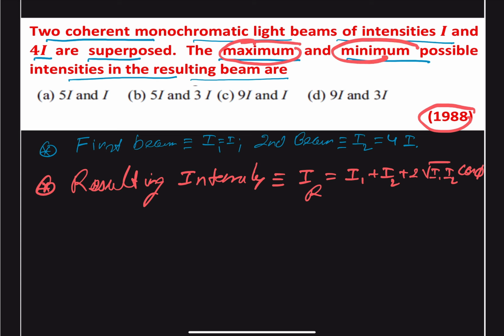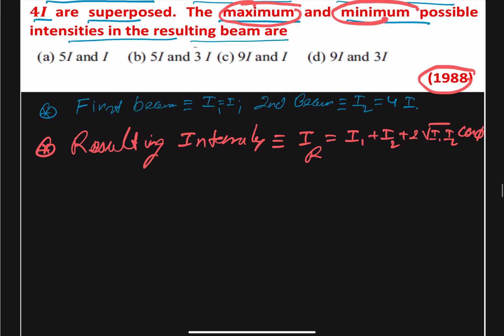So maximum and minimum means constructive and destructive interference. Constructive means maximum intensity, then cos of phi will be equal to plus 1. Destructive means minimum, cos of phi will be equal to minus 1.